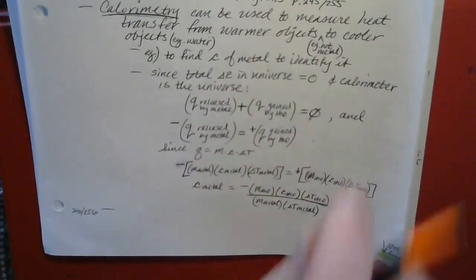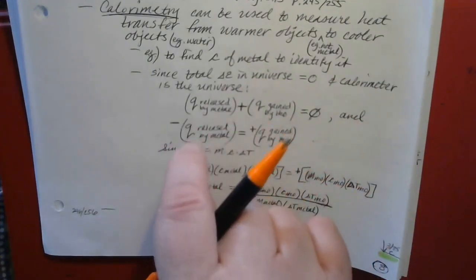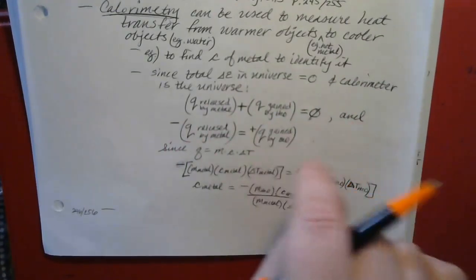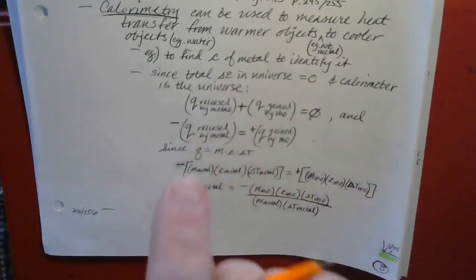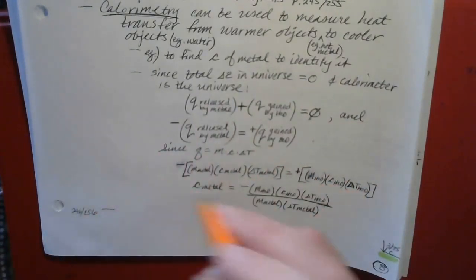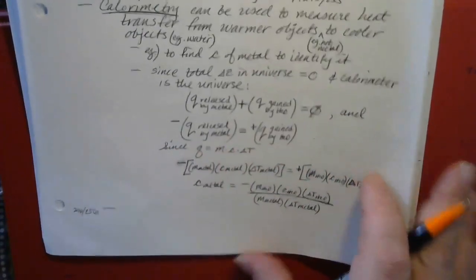So if the temperature goes up, the surroundings have gained energy, but that means the system has lost energy. And if the temperature goes down, that means the surroundings have lost energy, but that means the system has gained energy. So actually, the sign of Q and the sign of delta T will normally be opposite.